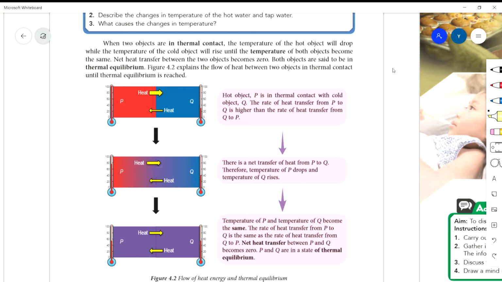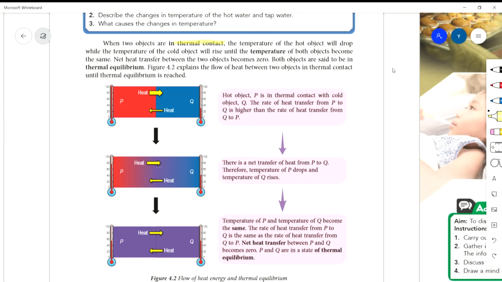When two objects are in thermal contact, this is an important word. Why did I highlight this part? The two objects must be in contact. Mesti bersentuhan lah. Kalau satu duduk bilik lain, satu duduk bilik lain, macam mana heat nak transfer? So they must be in contact.